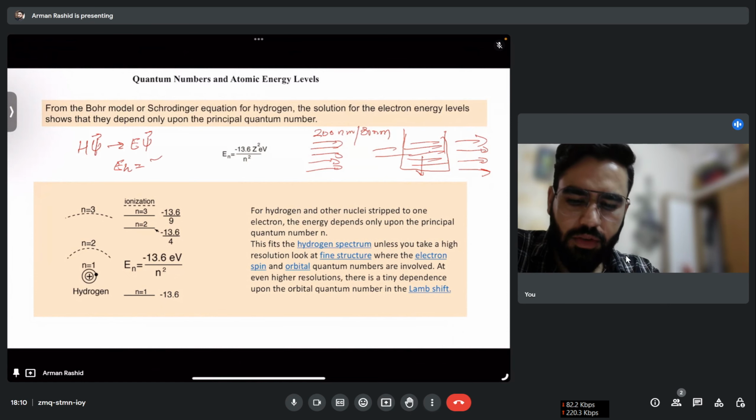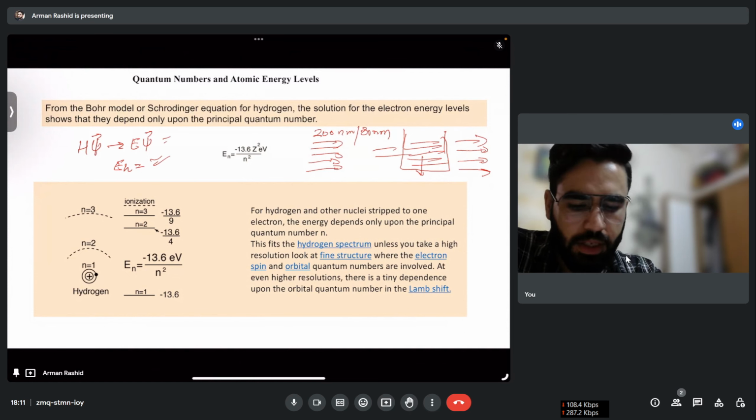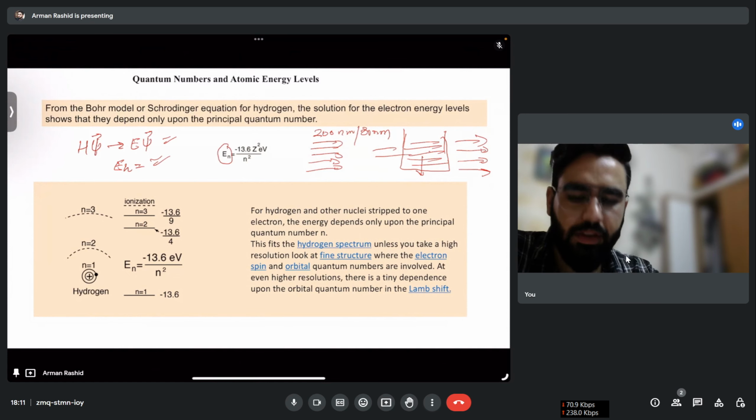In other words, in quantum mechanics we say that we get equations where the eigenvalue equations are satisfied. So this is an eigenvalue equation. For example, En, the energy of different levels, is equal to minus 13.6 Z squared divided by n squared, where Z is the atomic number, in electron volts.